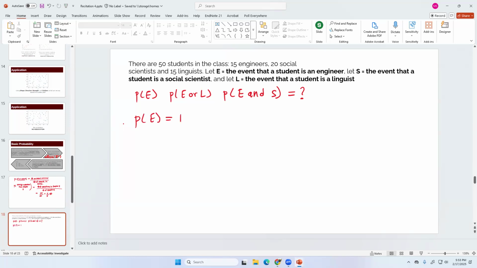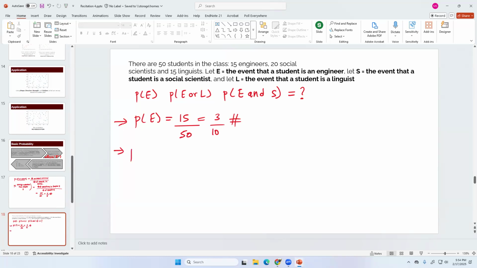Just 15 over 50, right? 3 over 10. So every 3 out of 10 students is going to be an engineering student. This is the first question, and it's pretty simple.